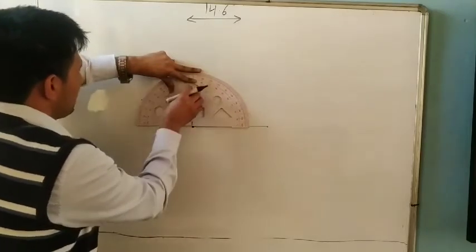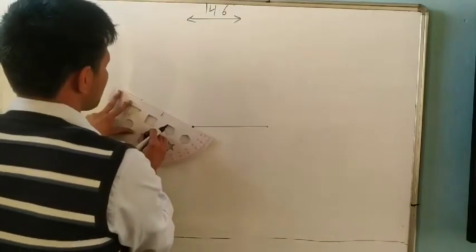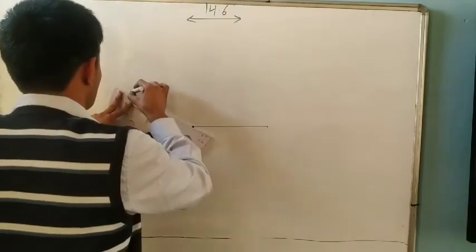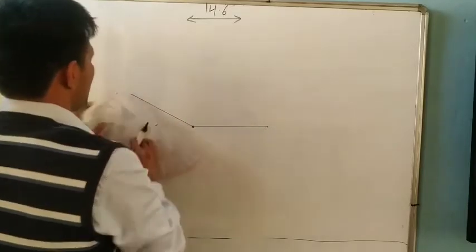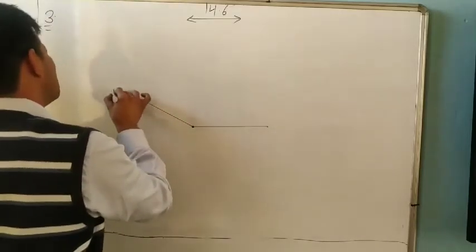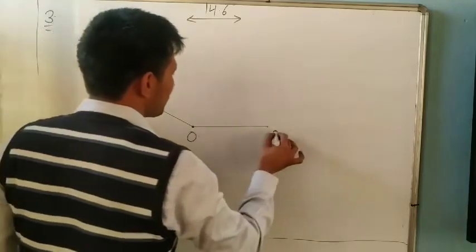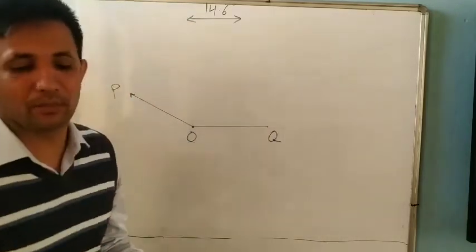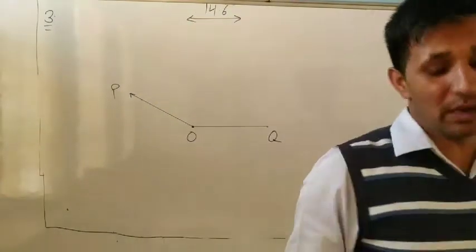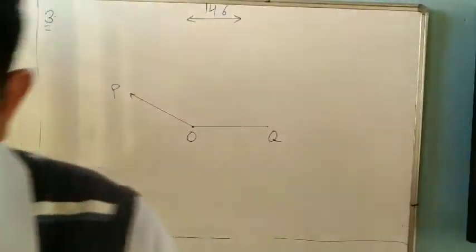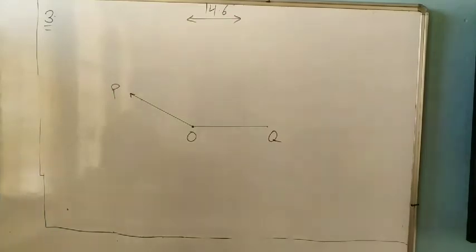Okay. Understand? And join it. So we can write its name also, you can write POQ. So what we will write in question number 3? Make an angle POQ 153 and we want to divide it into 4 equal parts.